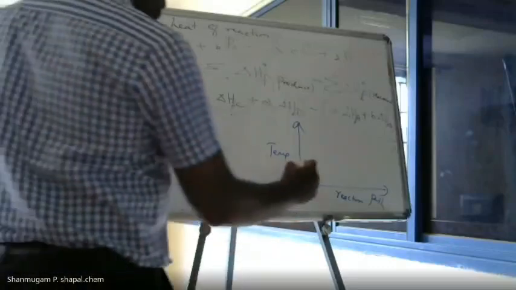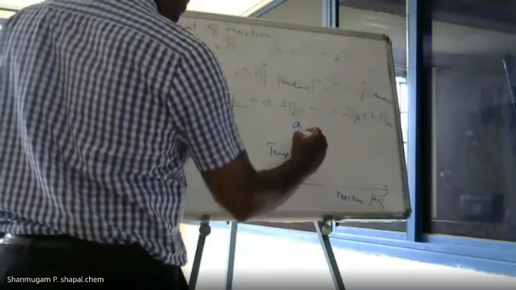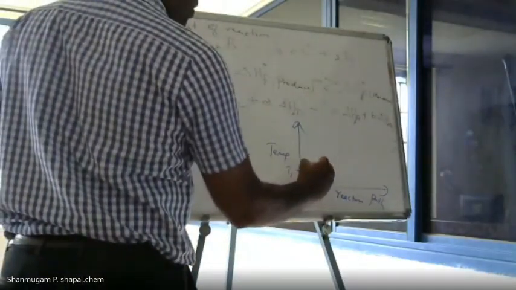So you start with the particular temperature T1 and increase it, and at this point you get the product.